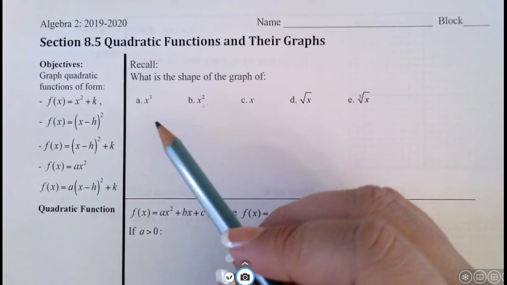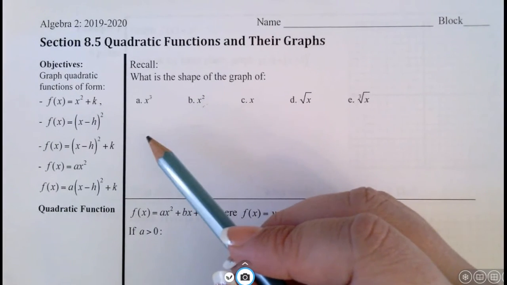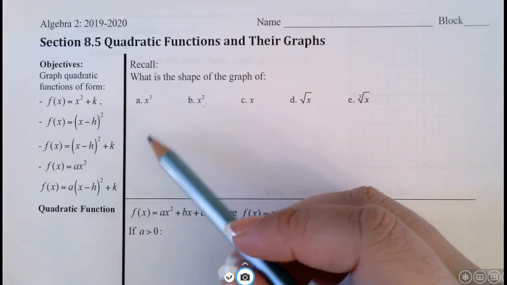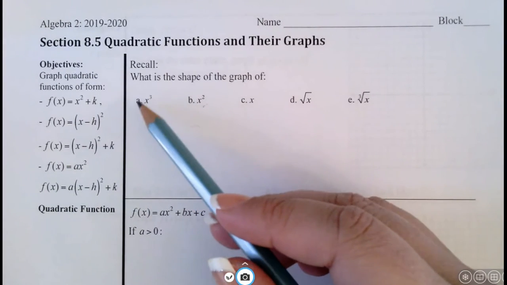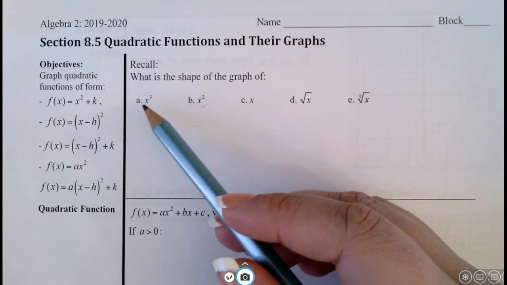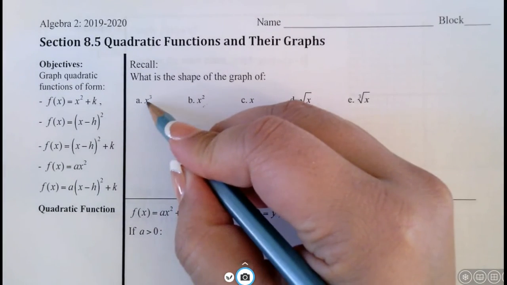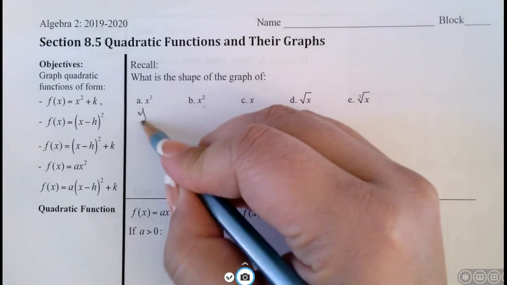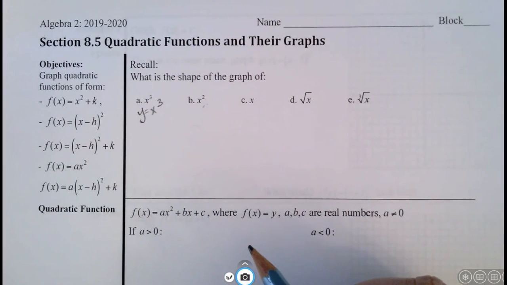So when we're looking at these and we want to look at how to graph them, what we're looking at is the degree or the parent function of this equation. So for example, in A, we're looking at the graph of y equals x cubed. Now you can always check these on your calculator, but it'd be a good practice to start thinking about what does this look like without having to go to the calculator, because the more you can recognize these graphs, the easier it will be to graph them as we progress.